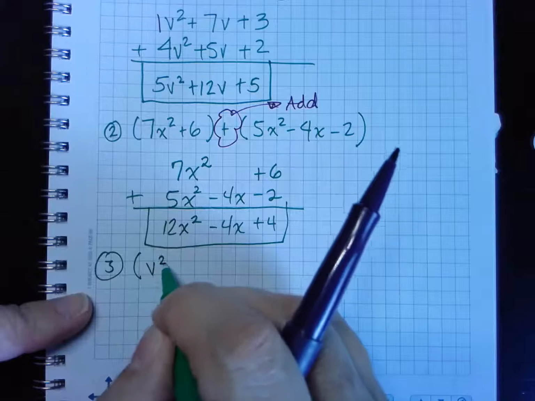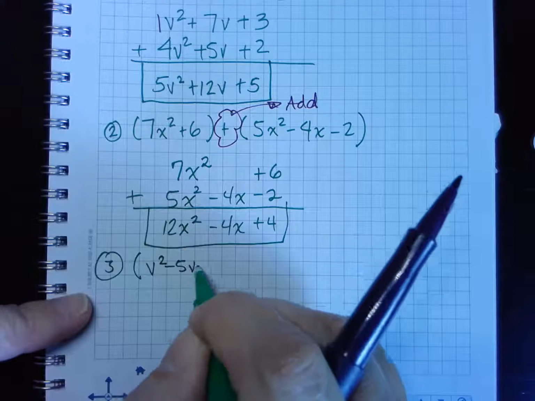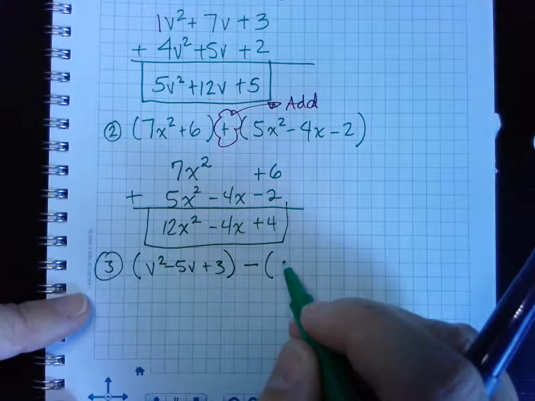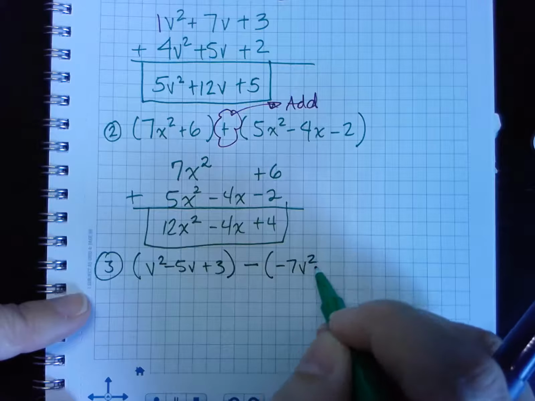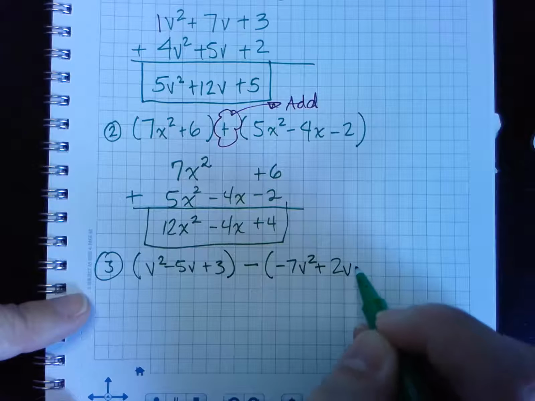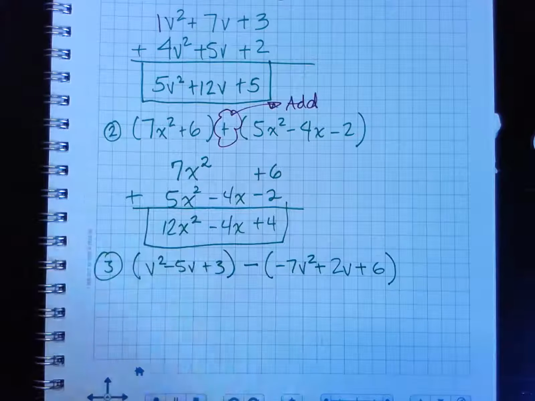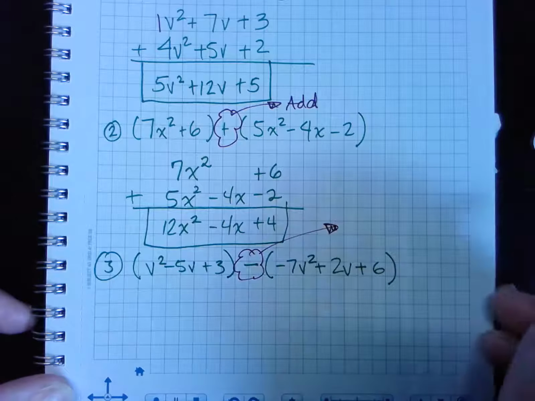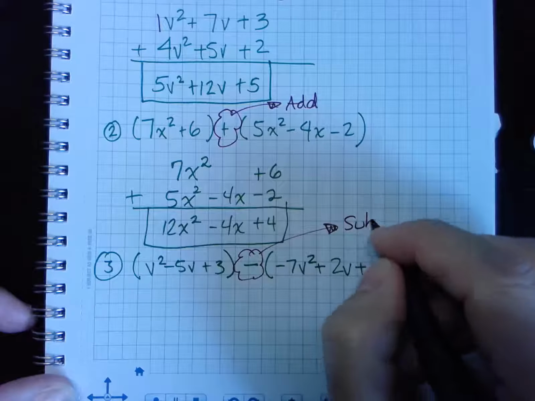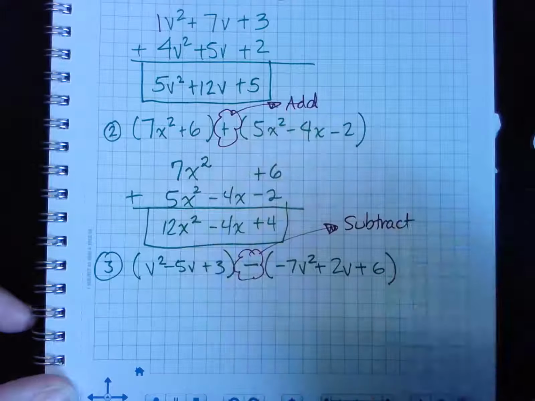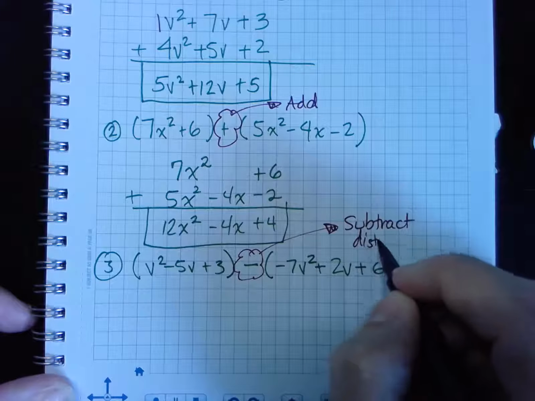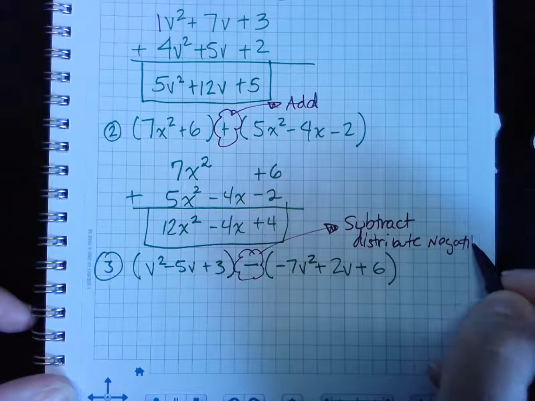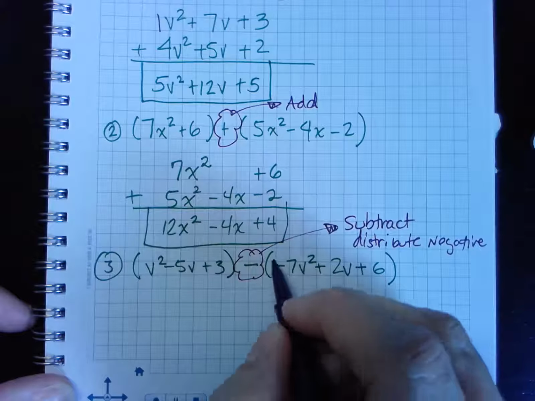So I have a trinomial, v squared minus 5v plus 3, and then minus negative 7v squared plus 2v plus 6. So I notice right now there is a difference between the problems that I just did and this one. This time I see a subtract. When you see the subtract, you have to distribute the negative, which means multiply everybody times negative 1.